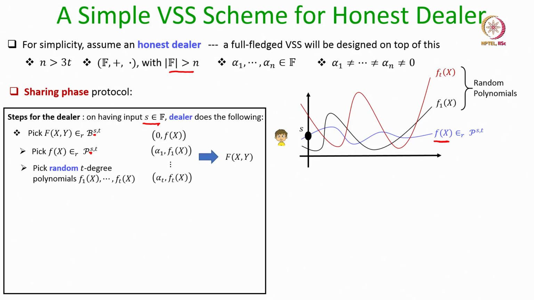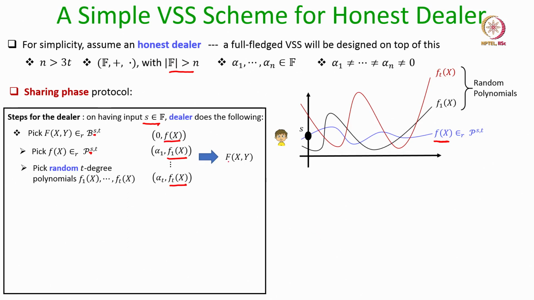Now, it can use the Lagrange interpolation for bivariate polynomials, and it can interpolate a t degree bivariate polynomial passing through the univariate polynomials (0, f(x)), (alpha_1, f_1(x)), (alpha_2, f_2(x)) and (alpha_t, f_t(x)).